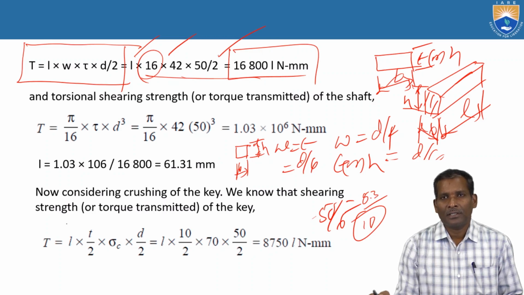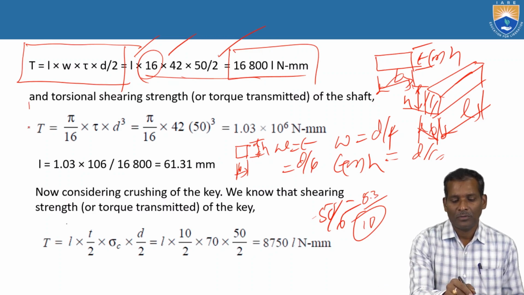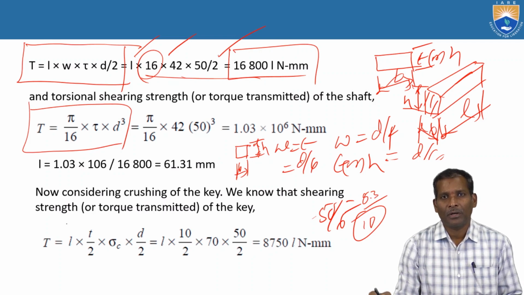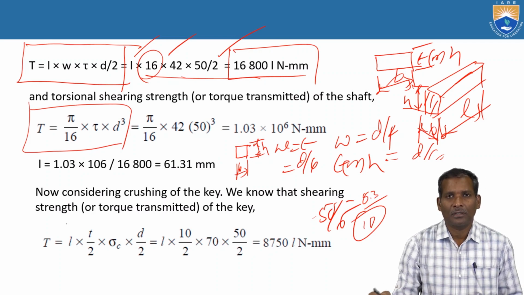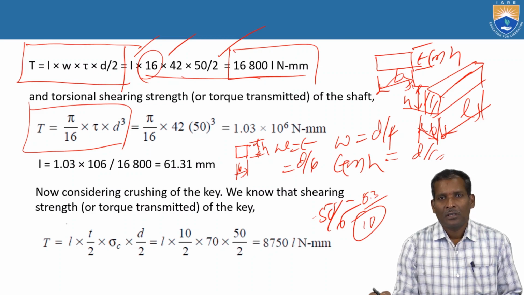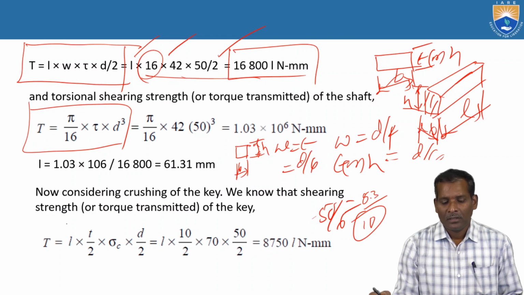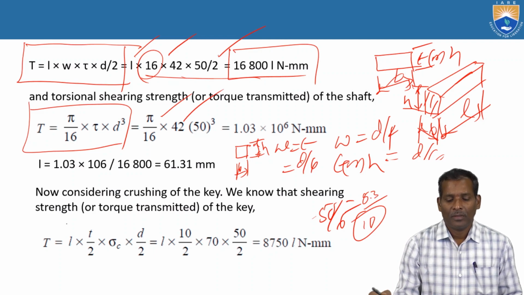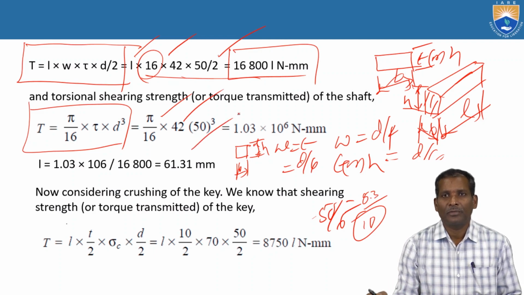And the torsional shear strength, or torque transmitted by the shaft, is T equal to 5 by 16 into tau into d cube. Already you know this torsion equation. Here, 5 by 16, given shear stress is 42 and diameter is 50.